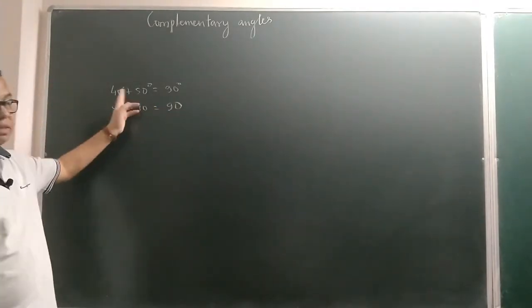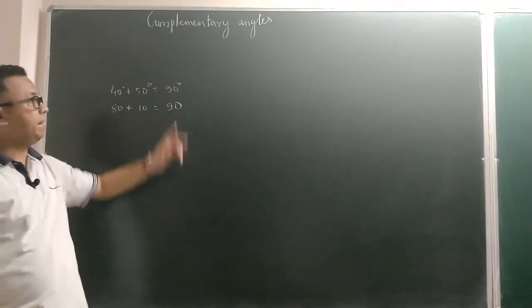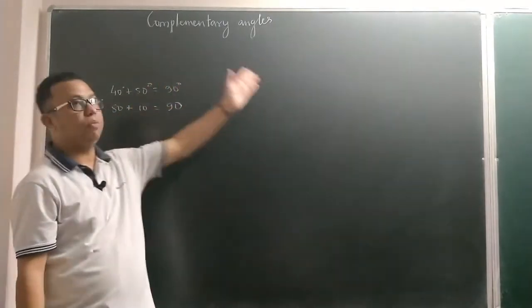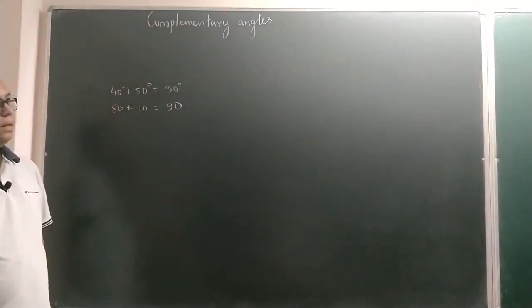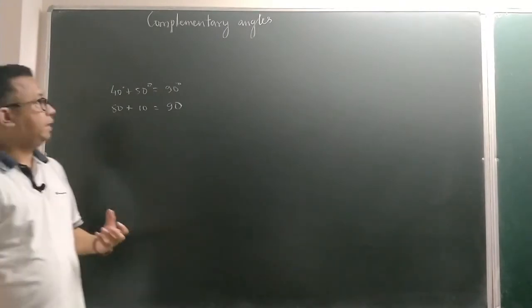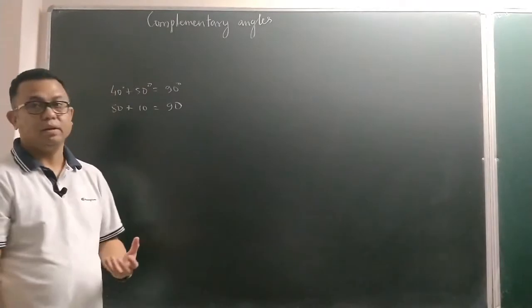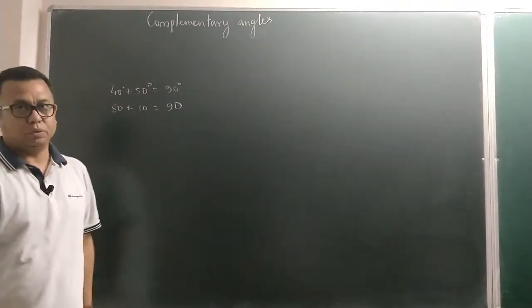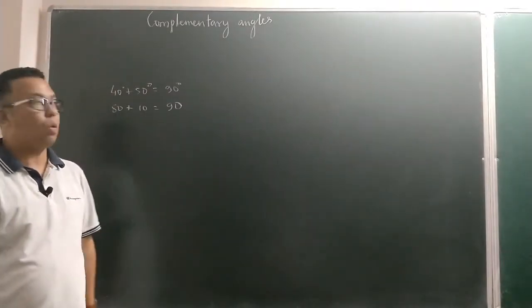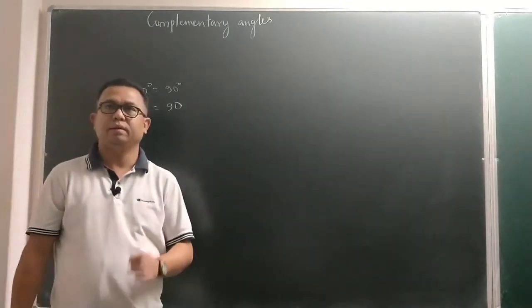So if the sum of the two angles comes to 90, then we say they are complementary. Now you will find that in trigonometric ratios, there is a very nice relationship between these 6 trigonometric ratios. And this relation is what we call complementary angle ratios.